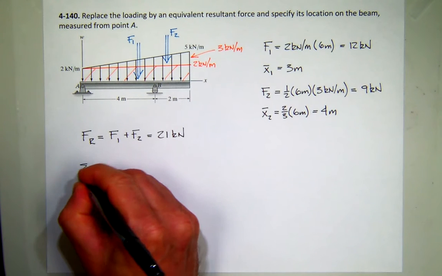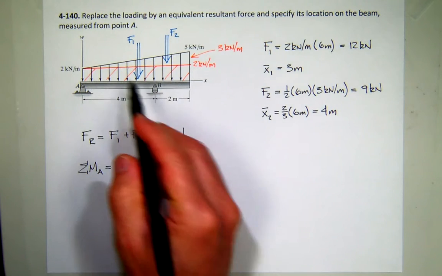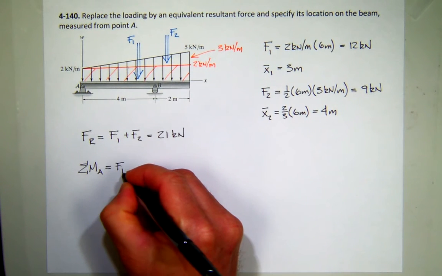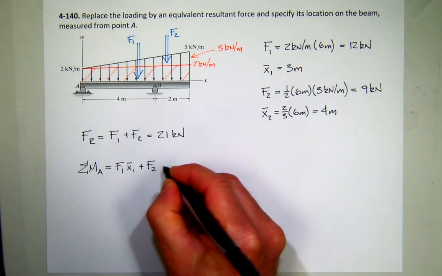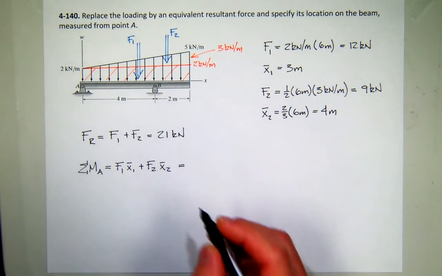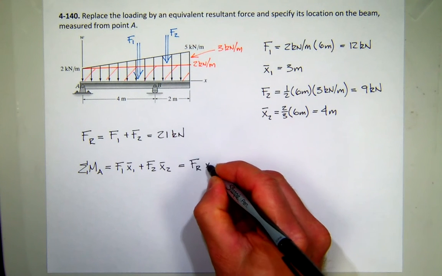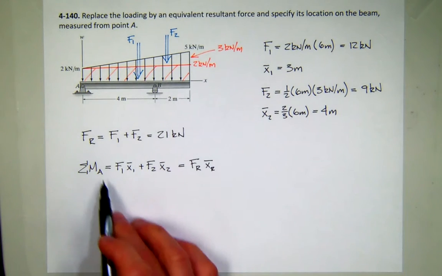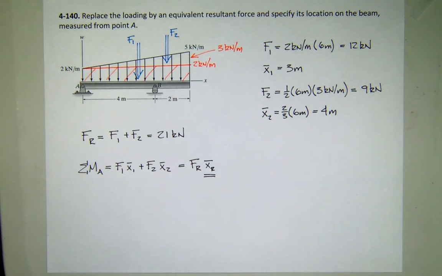So I will sum moments about A, and I'll use my first two forces. So I'll have F1 times its distance plus F2 times its distance, and that has to be equal to what? The resultant force times its distance. So in this huge equation, the only thing we don't know is that value right there.